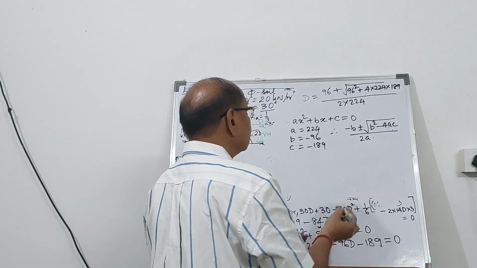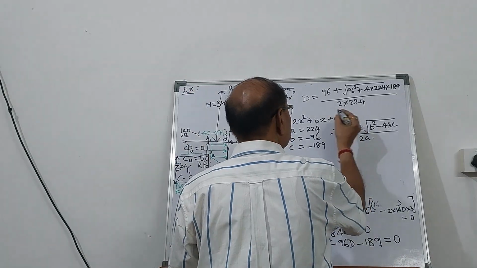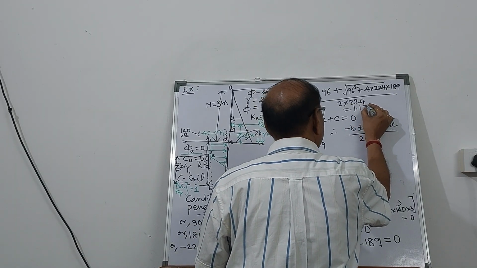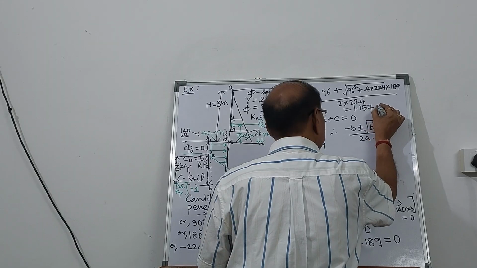This is equal to, the value of d therefore comes out to be 1.157 meter.